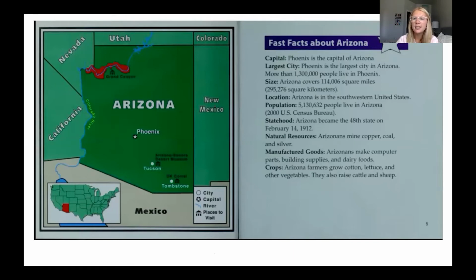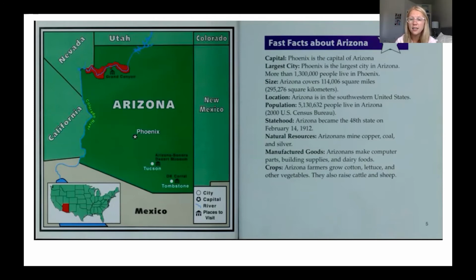The size of Arizona covers 100,014 square miles. Location, Arizona is in the southwestern United States. The population is 5,130,632 people. The statehood, Arizona became the 48th state on February 14th, 1912.